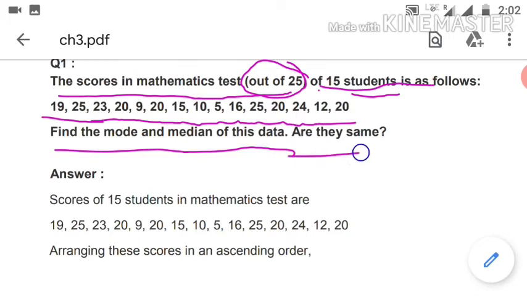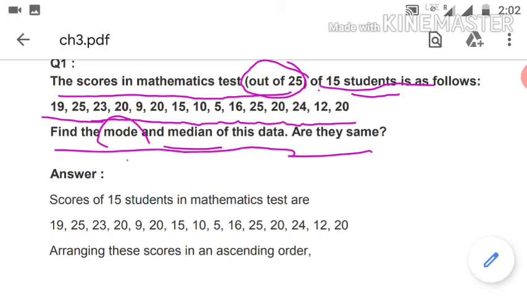Are they the same? In the previous exercise we dealt only with mean and range, isn't it? In 3.1 we studied how to find range and arithmetic mean. Now here we have to find mode and median.